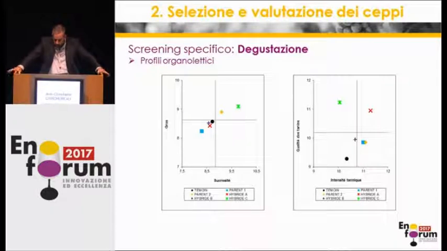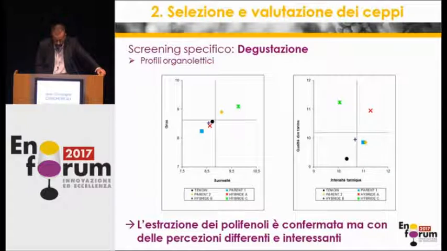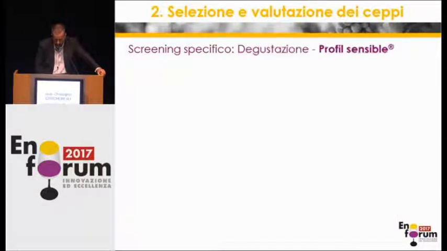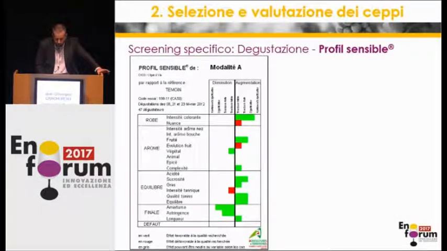Now, when it comes to the other sample, you have parent 1 and C, which are less rich in tannin, and they're rounder in terms of tannins compared to the parent and compared to the control.